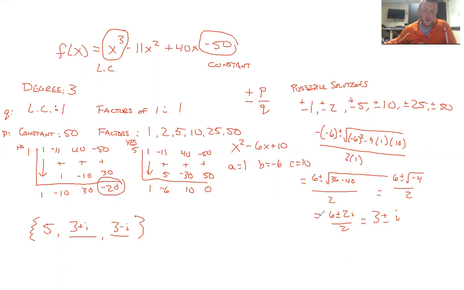So anytime you get an i or something with a radical in it, it has to be plus or minus. It has to be this b value plus that number and the b value minus that number. So if 3 plus i is a solution, you always know that 3 minus i is a solution. That's important to know.